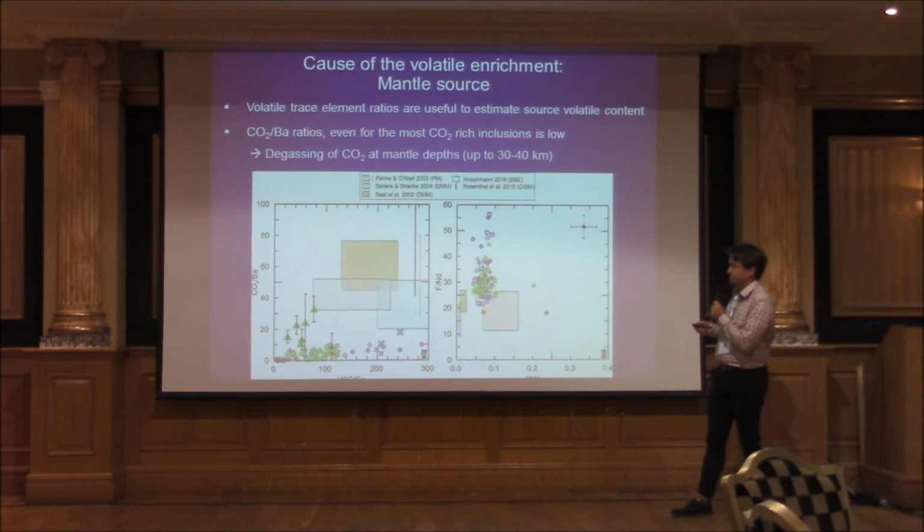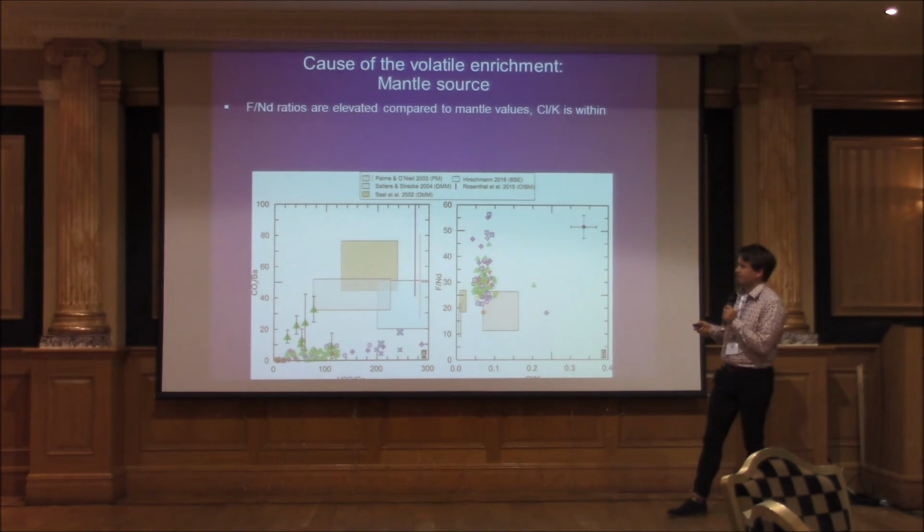So it is possible, and we are quite confident, that CO2 degassing occurred even at mantle depth, so up to 30 to 40 kilometers, which is quite important, because when the magma is stored at this depth, the eruption is still possibly quite far away. However, if degassing is already going on, you can detect CO2 at the surface as it separates from the magma, through multi-gas measurements.